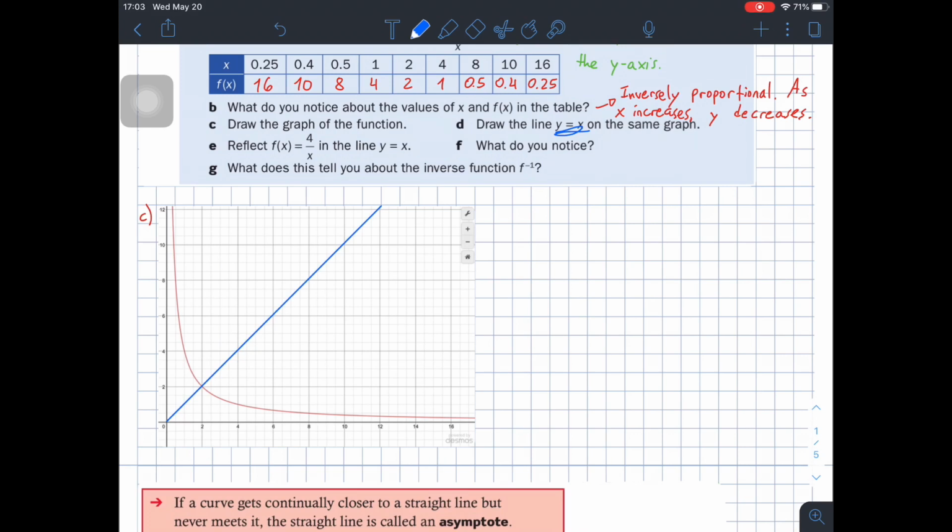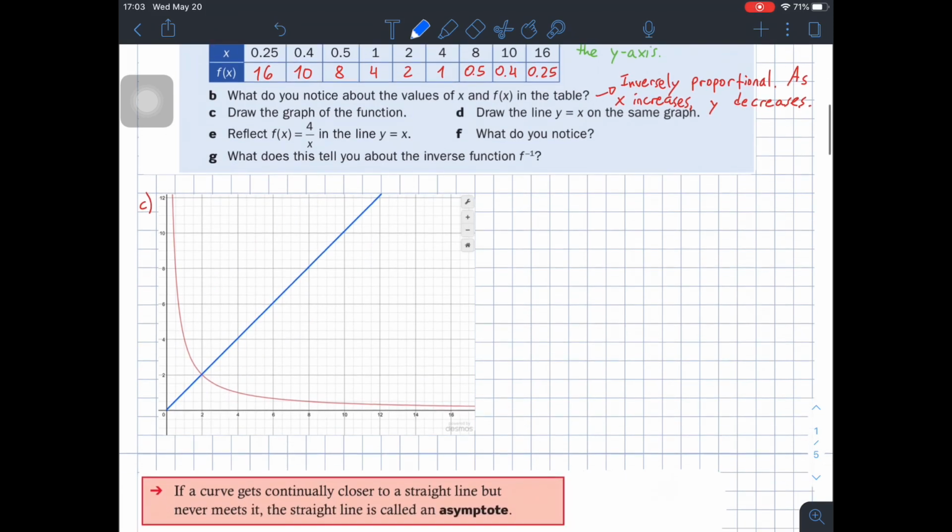And when did we use this line? This line was used in order to find the inverse of a function. Remember, we said that the inverse of a function is a reflection of the function in this line, y equals x. This line acts like a mirror in this case, if we want to find the inverse. Okay, so we already did part D.